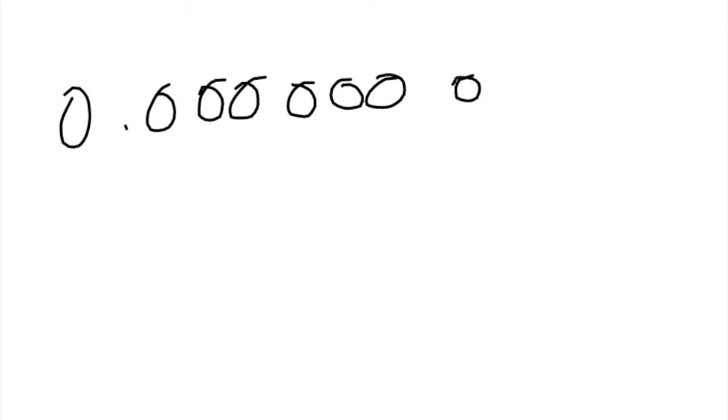To express this number in scientific notation, we move the decimal point to the right until we reach the right side of our last digit, and we count the digits along the way.